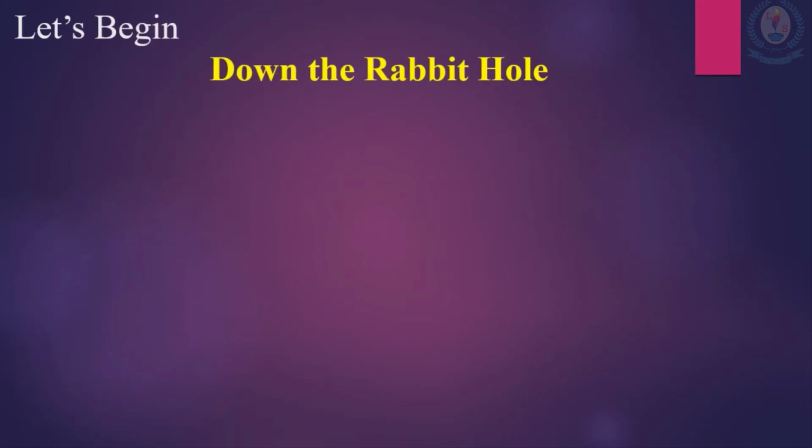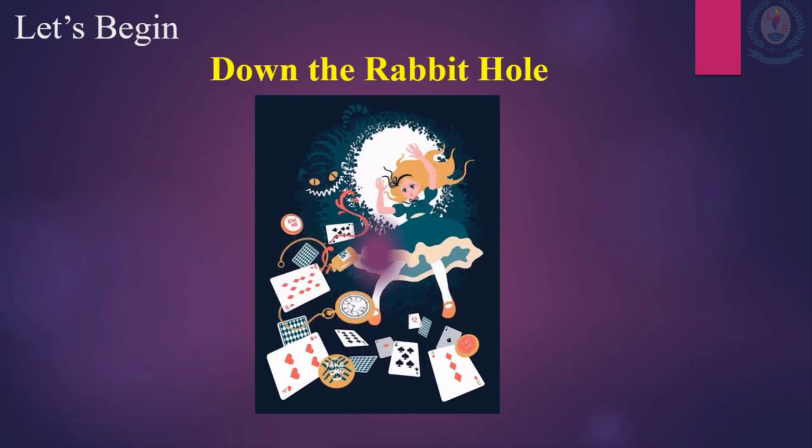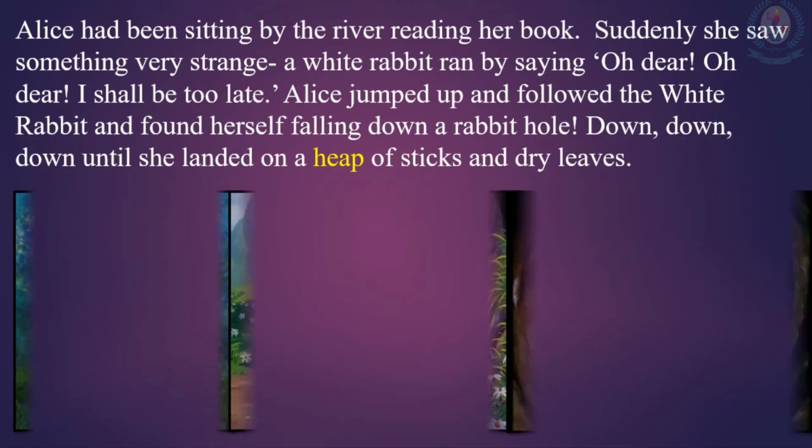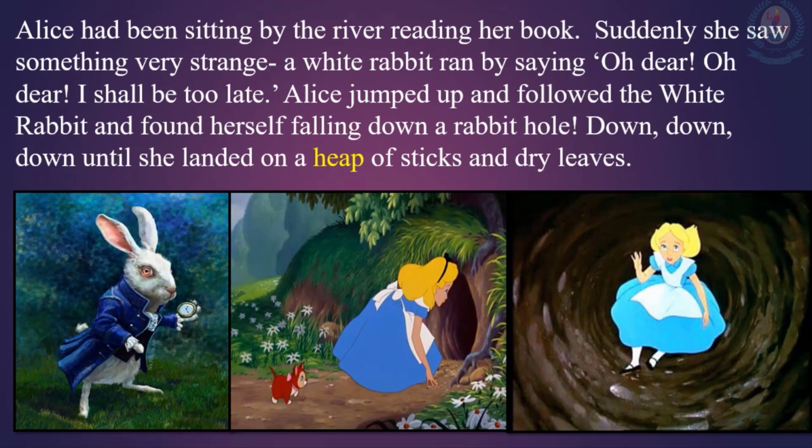Let's begin. Down the Rabbit Hole. Alice had been sitting by the river reading her book. Suddenly she saw something very strange. A white rabbit ran by saying, "Oh dear, I shall be too late."